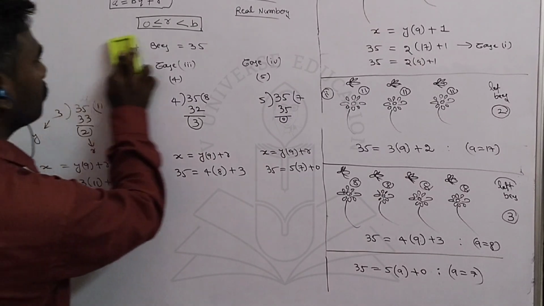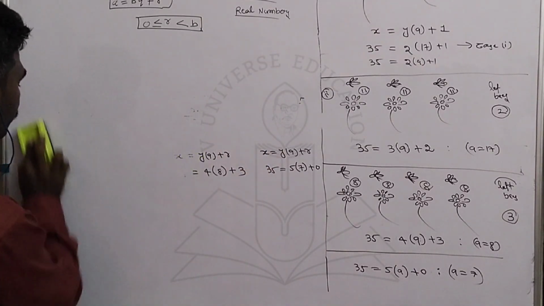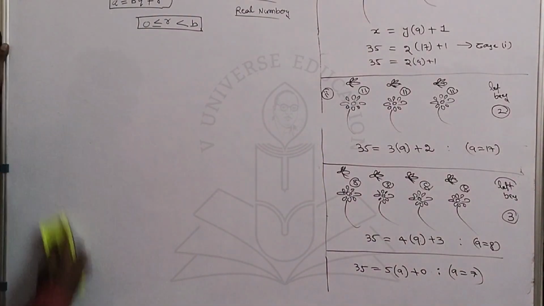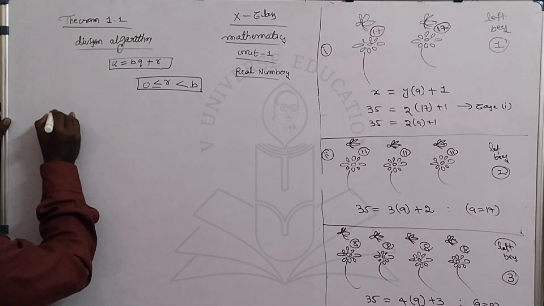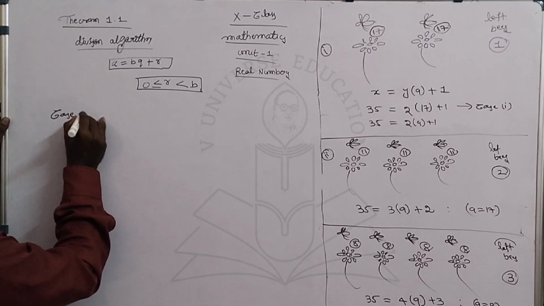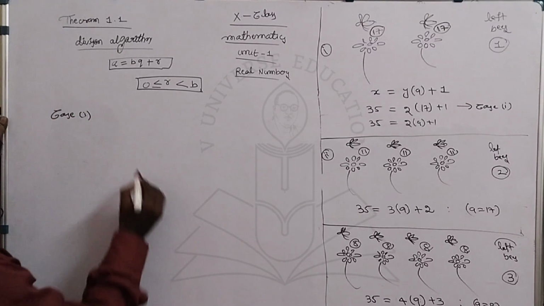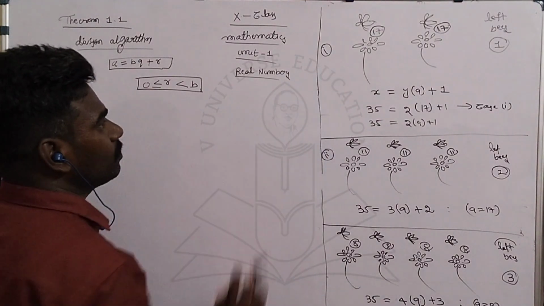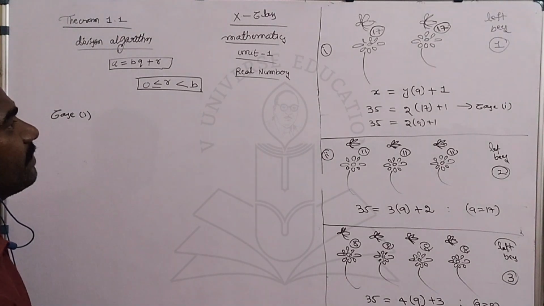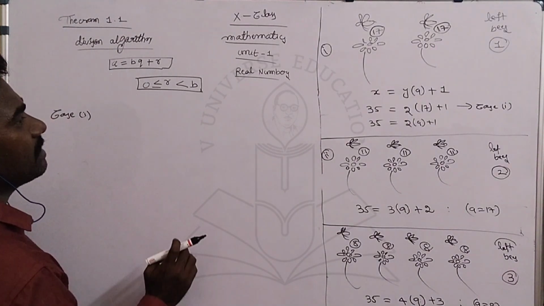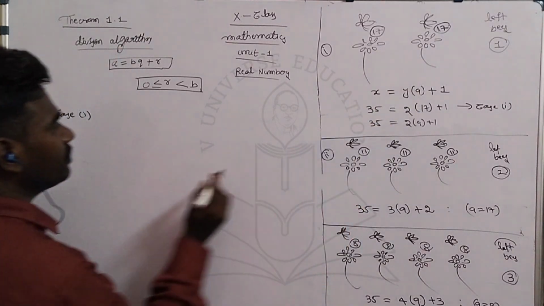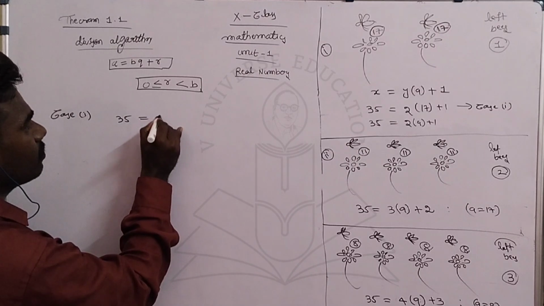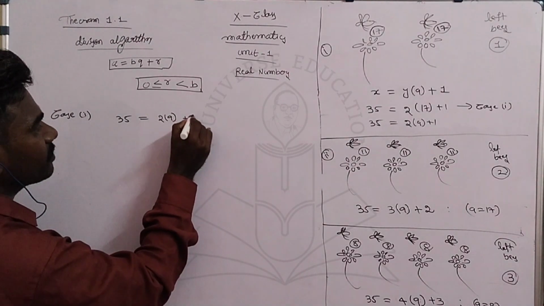Here we rewrite all the cases once again. Case 1: for number of flowers 2, the total number of bees is 35, so the left bees are 1. For this we got 35 is equal to 2a plus 1.